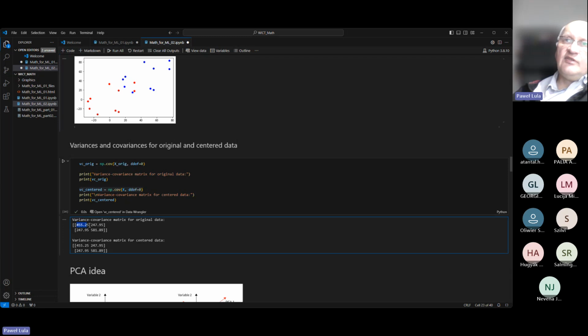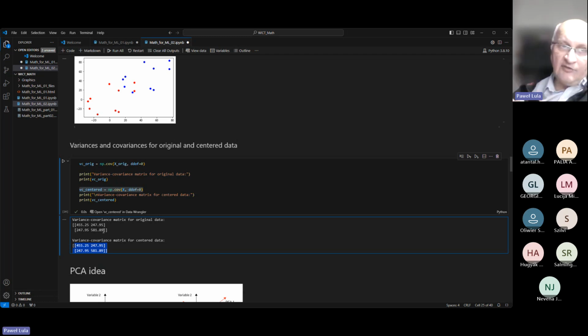It is the variance-covariance matrix for original data. It is the variance-covariance matrix for data after centering. The same values we have. So we see that the centering operation has no impact on variances and on covariances.